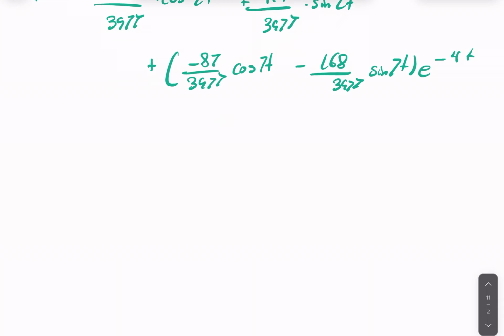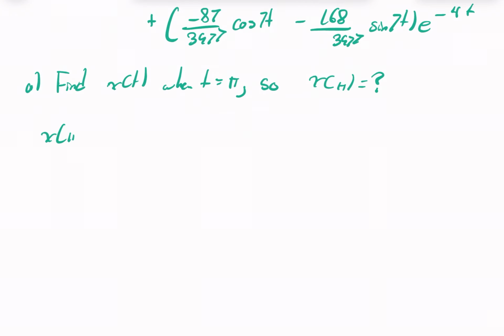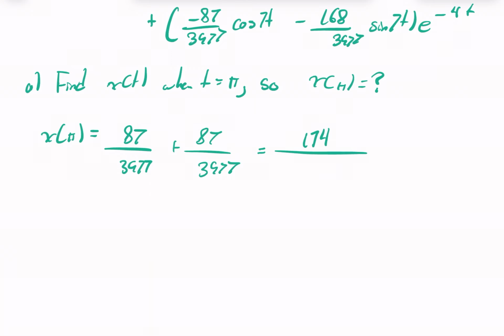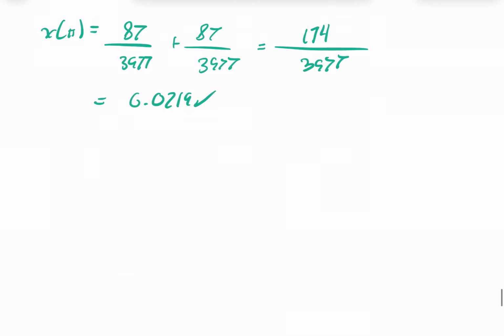Okay, and they say find x at t when t equals pi. So basically x at pi equals what? And when you plug that in, you'll get 87 over 3977 plus 87 over 3977 equals 174 over 3977. And then this will end up being 0.0219, which is correct.